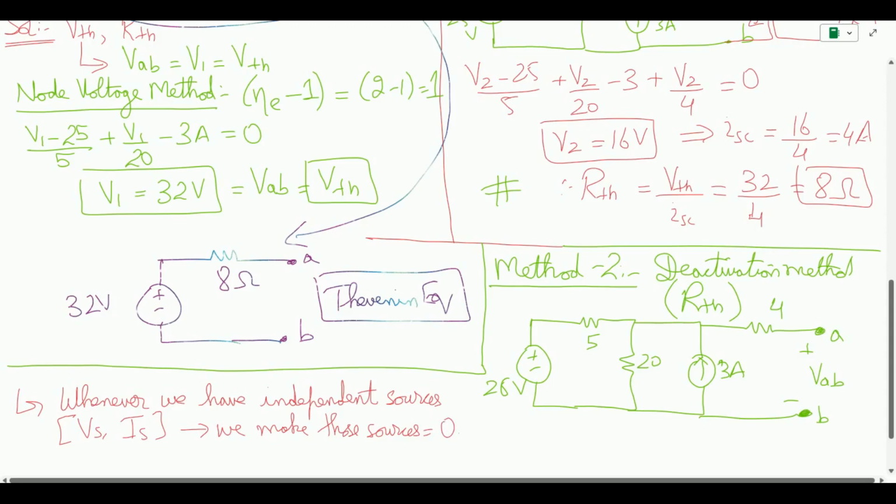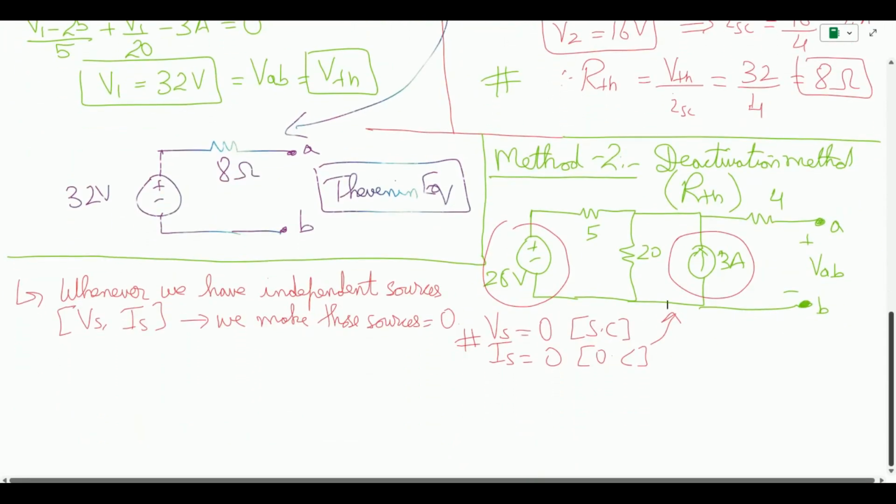How do we make them zero? If you want to make a voltage zero, you have to use a short circuit wire. If you want to make a current equal to zero, you have to use an open circuit connection. So this is the principle that we are going to apply on this voltage source and this current source.